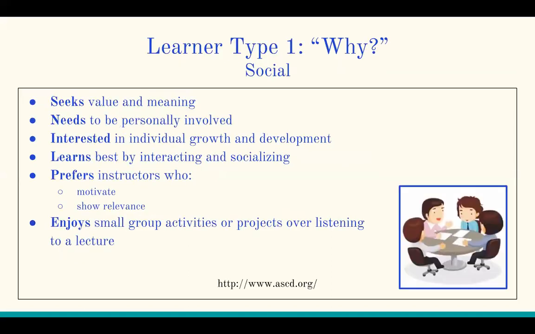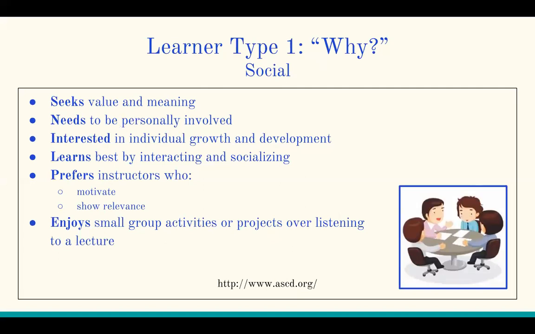All right. We're going to move on to looking at learner type 1 and the different characteristics that come up with learner type 1s. Learner type 1 asks themselves, when they're exposed to new material or in the learning environment, the question: why am I learning this?